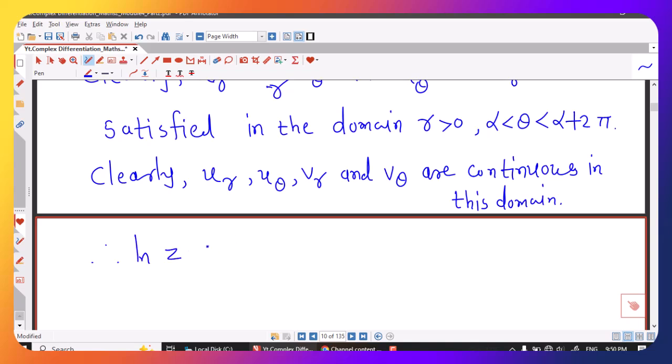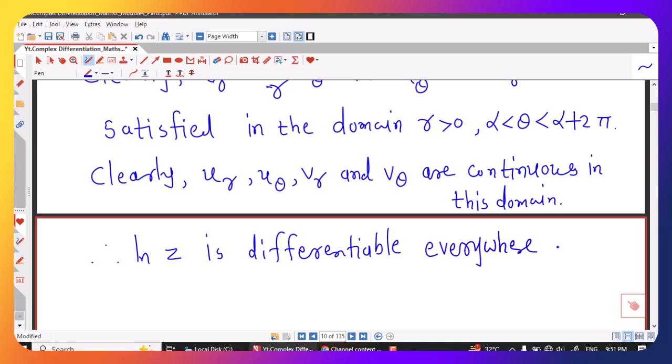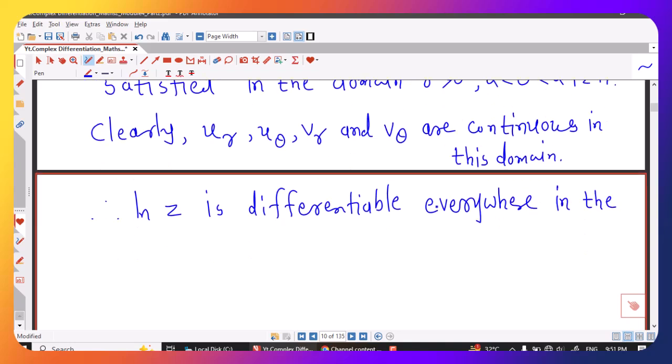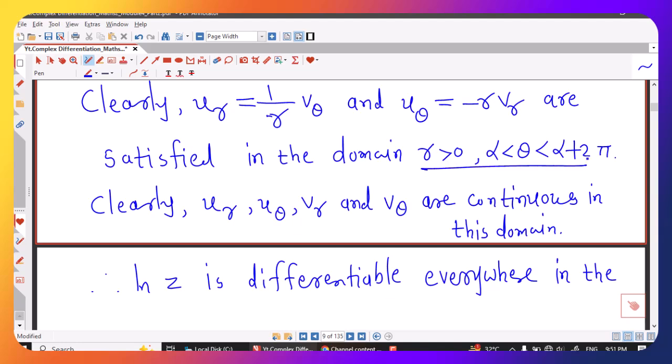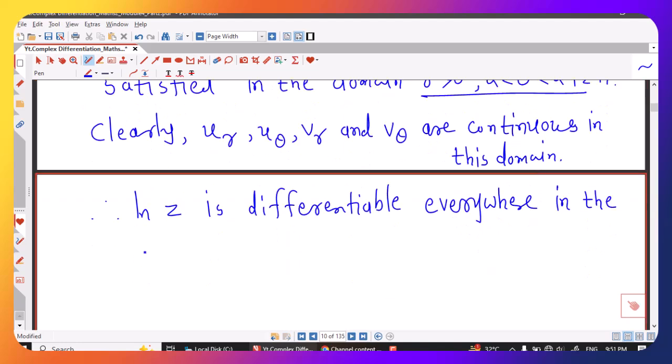Therefore we can write that ln z is differentiable at every point, or differentiable everywhere, in the stated domain. We are not writing this domain every time. We can say that ln z is differentiable in the stated domain.